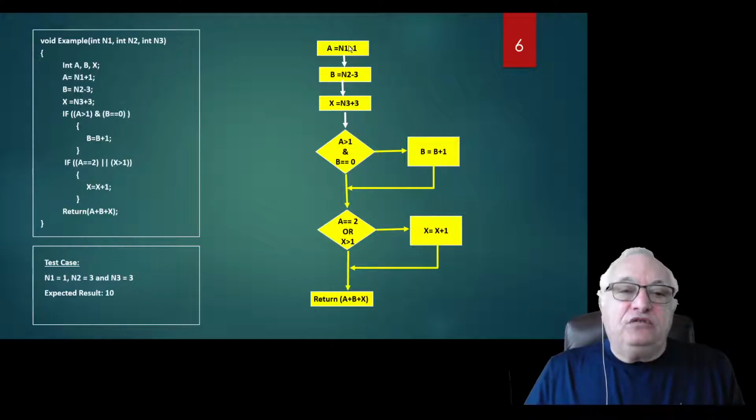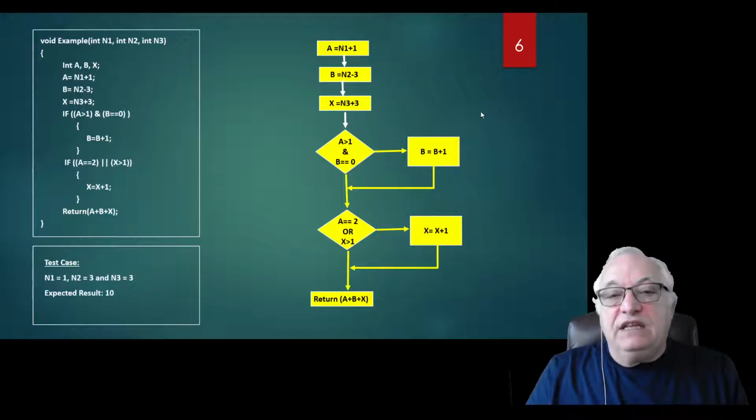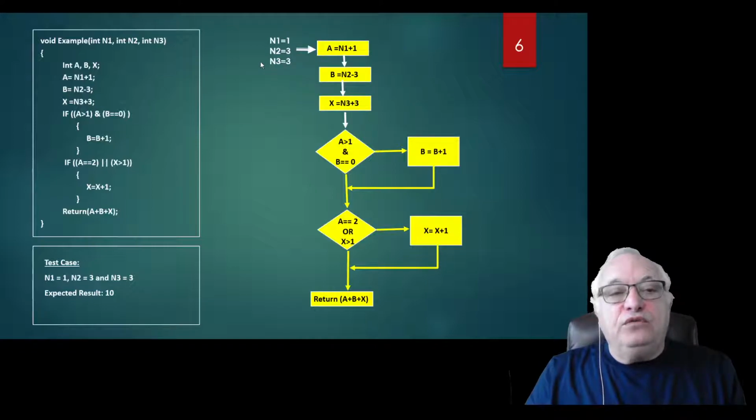To meet the requirement of statement coverage, I have to exercise every line of code. So I'm going to have to hit every rectangle here. If I hit every rectangle, that means I've met statement coverage. So let's get going. I have input n1 equal to 1, n2 equal to 3, and n3 equal to 3 as I stated.